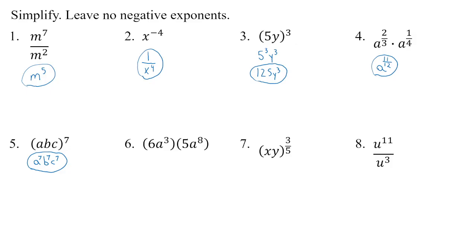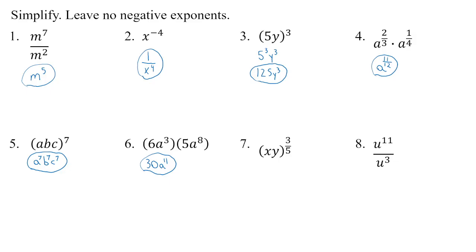On number 6, we have 6a to the 3rd times 5a to the 8th. First, we multiply the coefficients. 6 times 5 is 30. a to the third times a to the eighth, we add the exponents. Therefore, this is a to the 11th. Therefore, the solution is 30 a to the 11th.